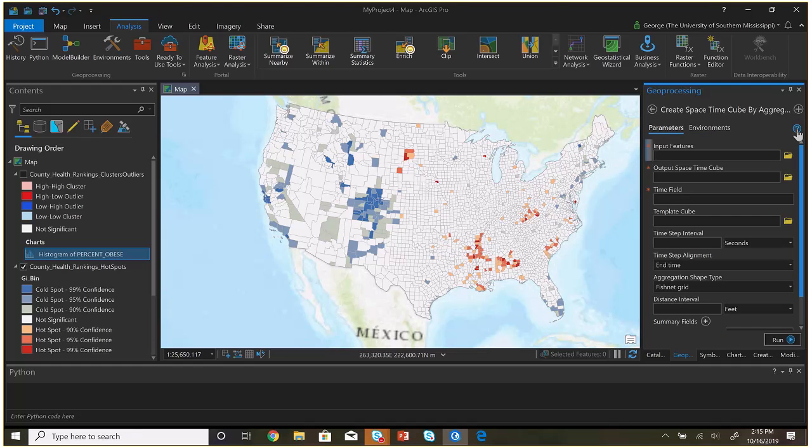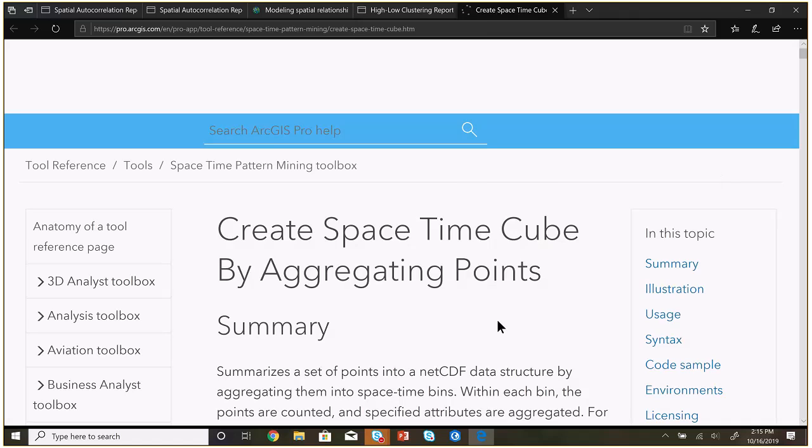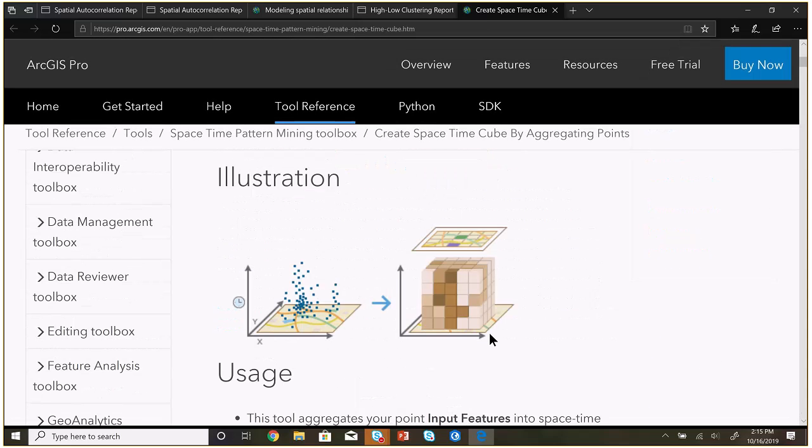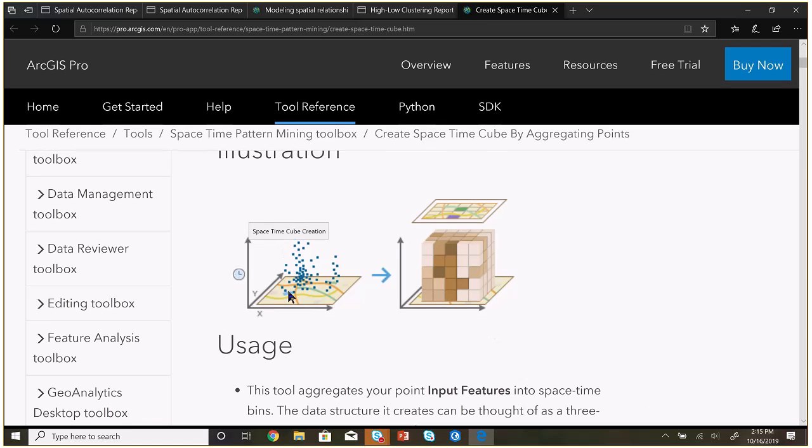So click on this and question mark it. It's going to take your data, like let's say all these represented accidents or tornadoes in our case. Then it's going to create a cube like this.